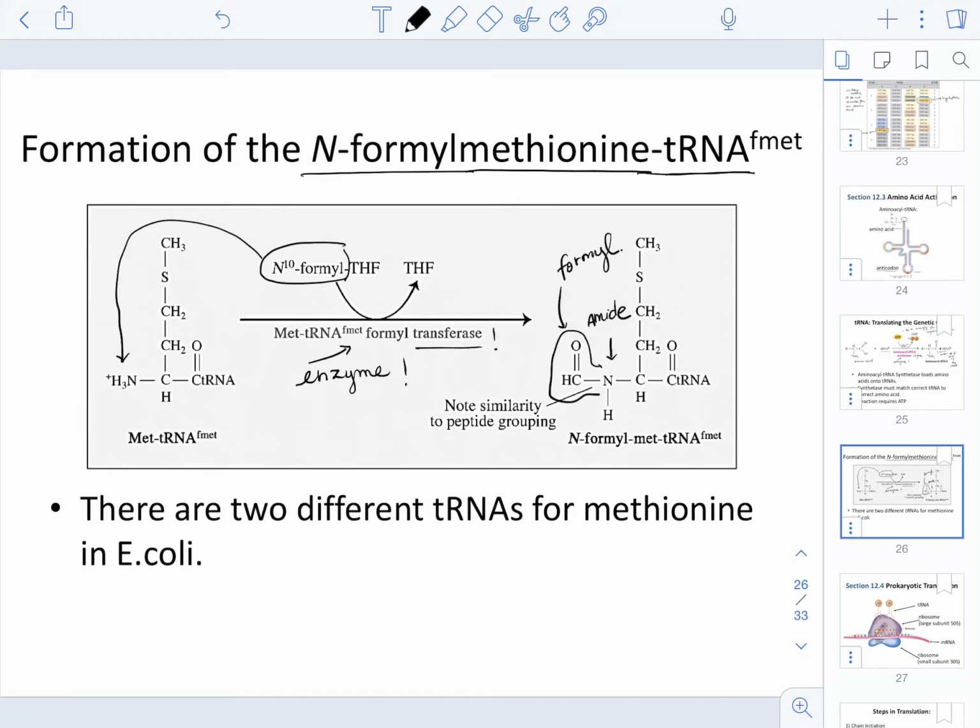This process happens in E. coli and other prokaryotes.